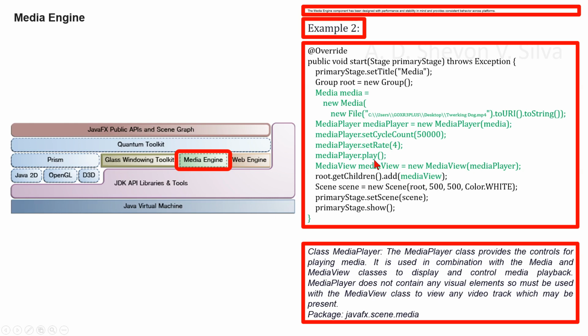The play method starts the playing media. If previously paused, then playback resumes where it was paused. If the playback is stopped, playback starts from the start time. When playing actually starts, the status will be set to media player.status.playing.